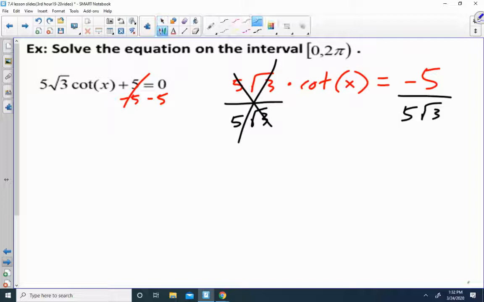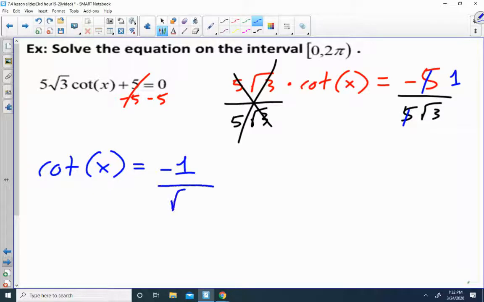You'll get cotangent x equals negative 5 over 5 root 3. But the 5 and the 5 can actually reduce, leaving a 1 on top. This simplifies to negative 1 over root 3.